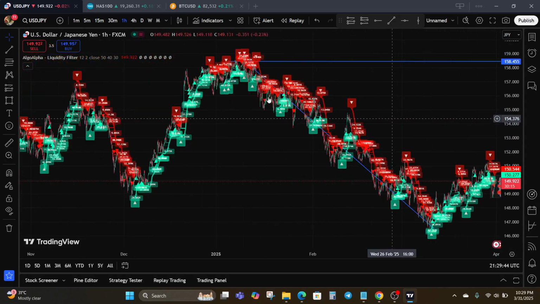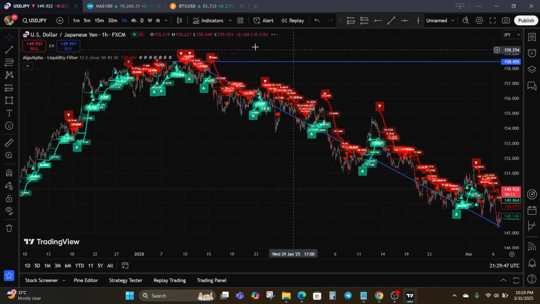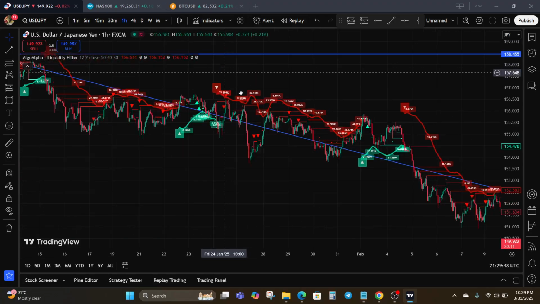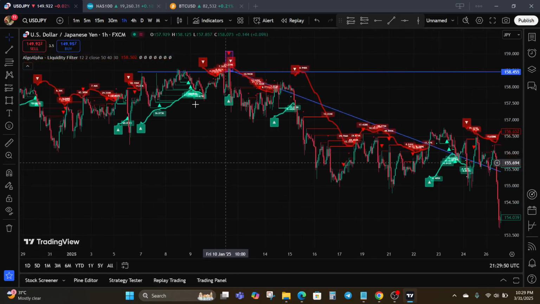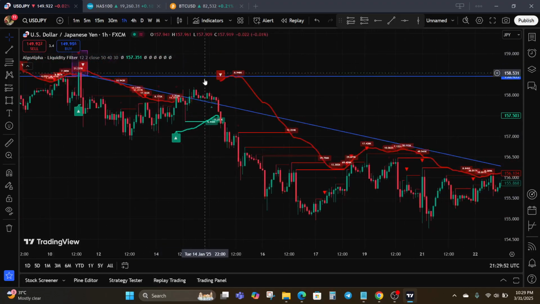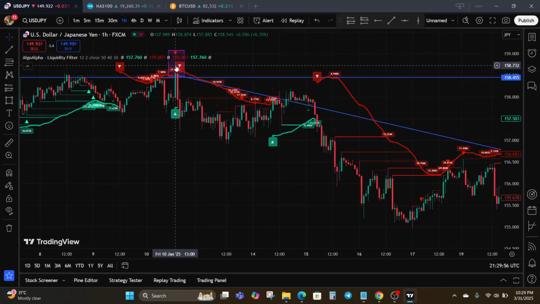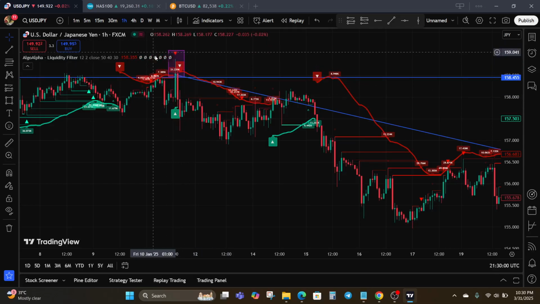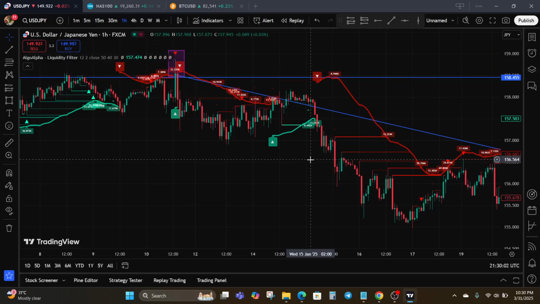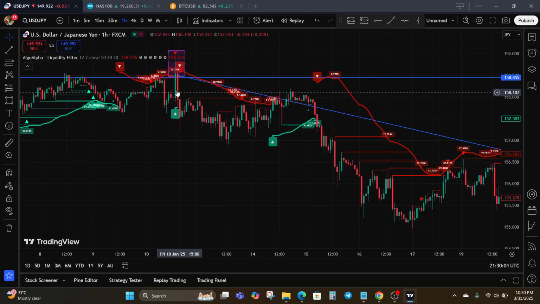That's one of the ways to identify a liquidity sweep, just like the one I identified here. When you notice that price appears to break a support or a resistance, but then quickly reverses, it's going to be a stop hunt. Price moves just enough to hit stop losses before returning to the trend. And then for liquidity grabs, big players manipulate price to fill their orders at better prices.